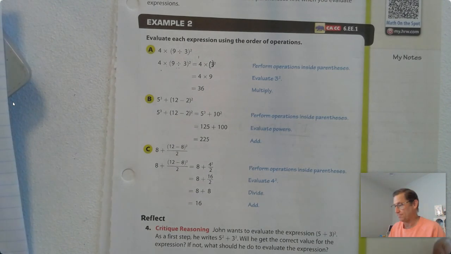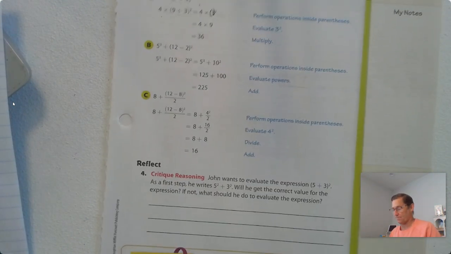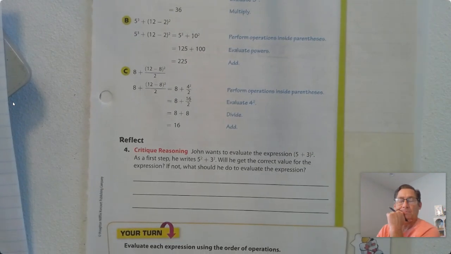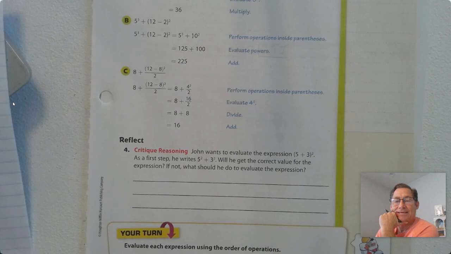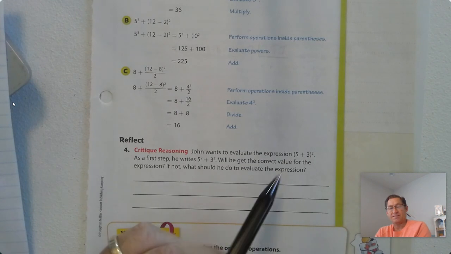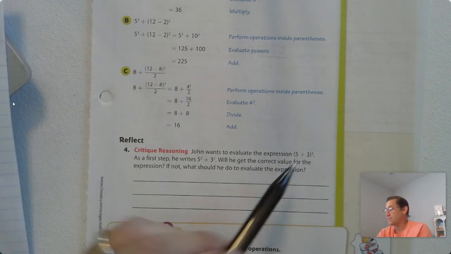Okay, so number 4. John wants to evaluate the expression the sum of 5 and 3 squared. As a first step, he writes 5 squared plus 3 squared. Will he get the correct value for the expression? If not, what should he do to evaluate the expression? Okay, so no, he's not going to get the same expression because he's supposed to do what's in parentheses first.